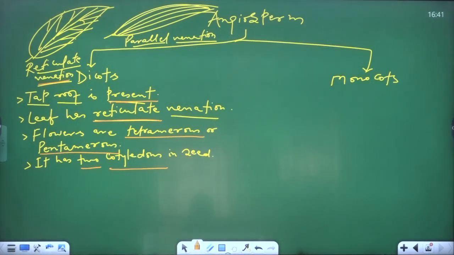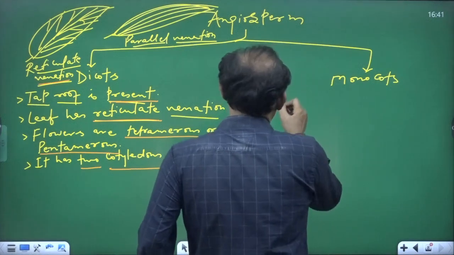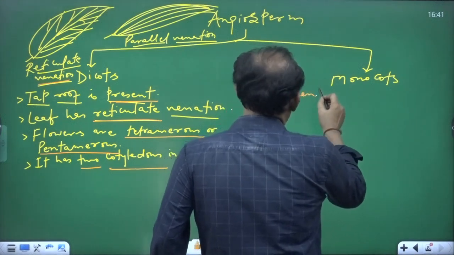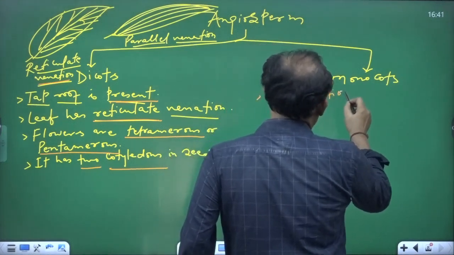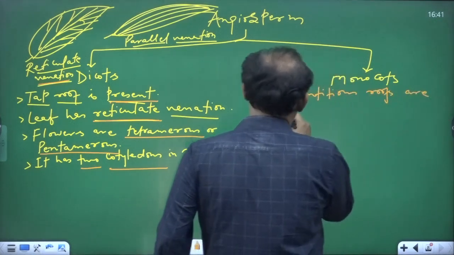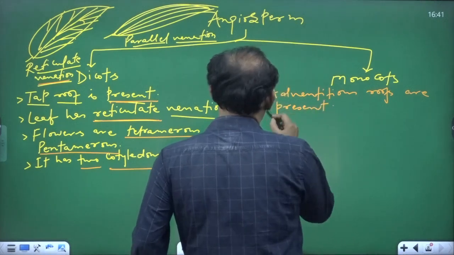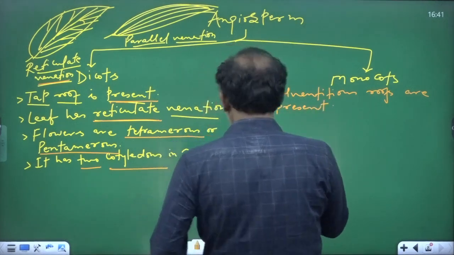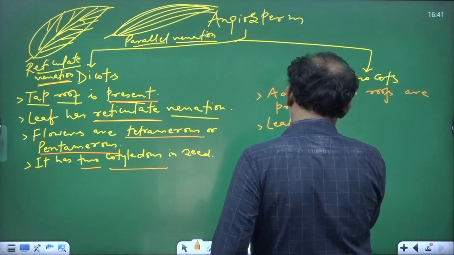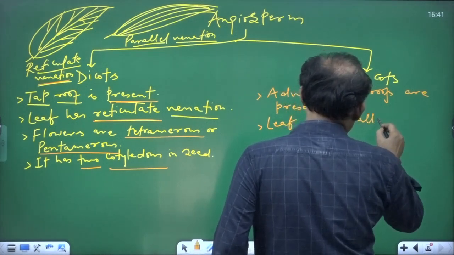Now write down in monocots. In monocots, adventitious roots are present. Next point, leaf has parallel venation.